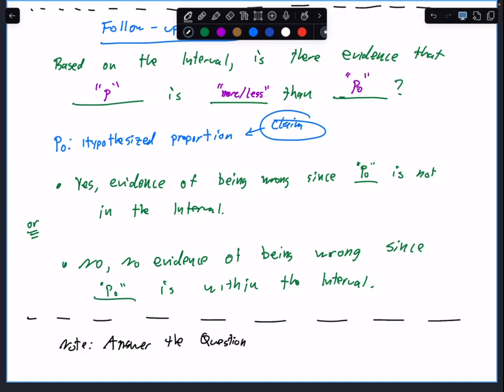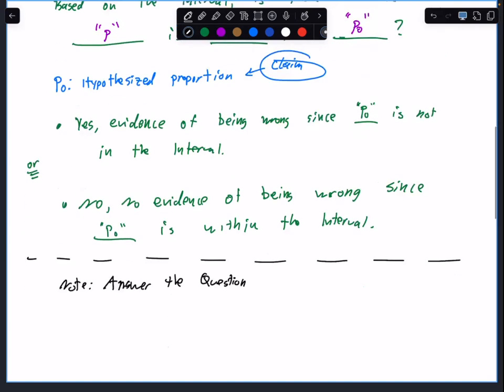Therefore, I want the entire interval to be above 20%, in other words. So is there evidence that more than 20%? Well, that's only true, yes, if the entire thing is. Now, I'm not asking you, is it 20%? I'm asking you if there's evidence of more than 20%, which is a little bit different.